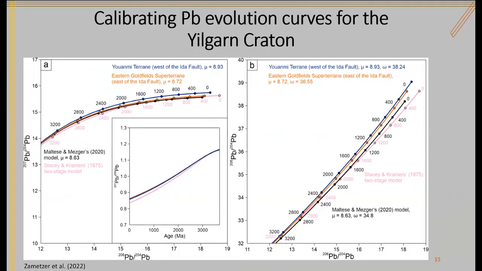And the parameters that we have changed are the mu values and omega values, the average values that we calculated for the UNV terrain and the Eastern Goldfields. And we're plotting them here in relation to Maltese and Metzger's model, which is the black curve that these curves are based on anyway. And we're plotting it in relation to Stacey and Kramer's two-stage model, which is the pink curve.